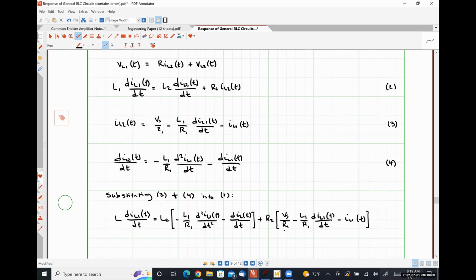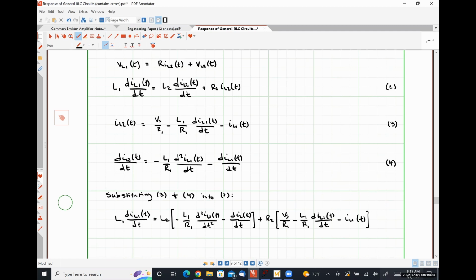So on the left-hand side, I have a factor of L, this should be L1. On the right-hand side, I have a factor of L2. And I also have a factor of R2 times L1 over R1.